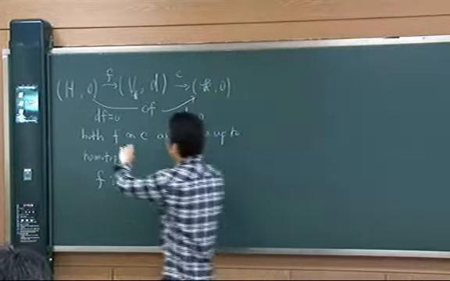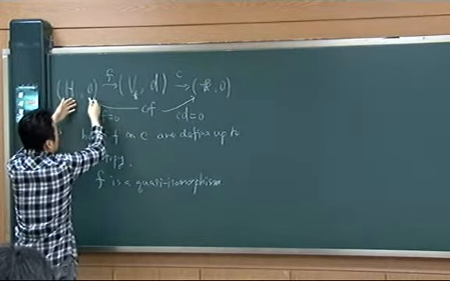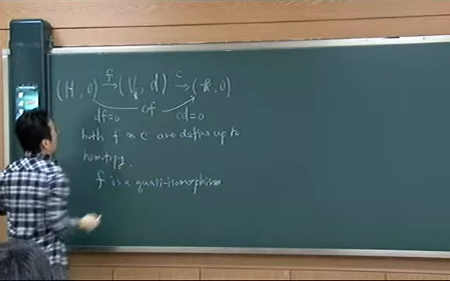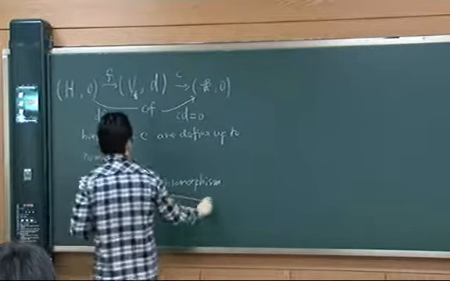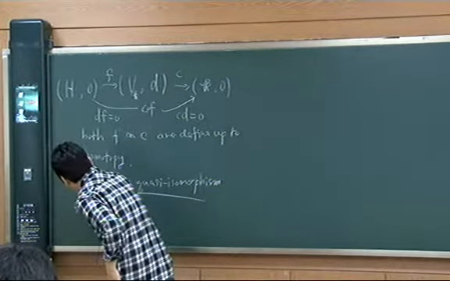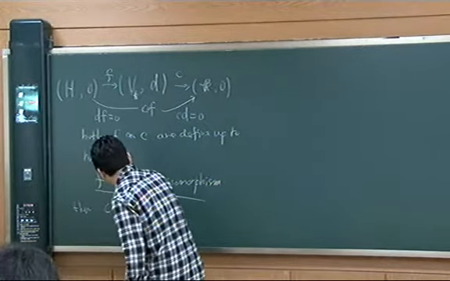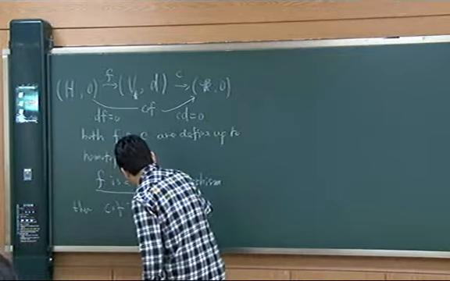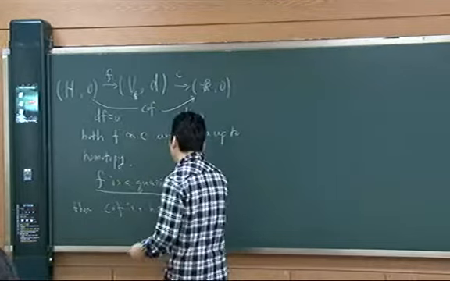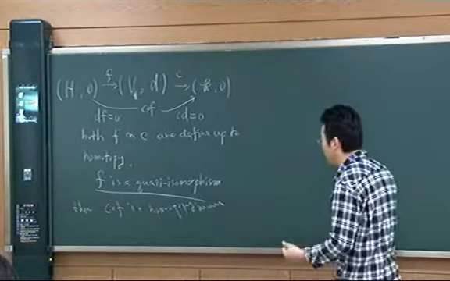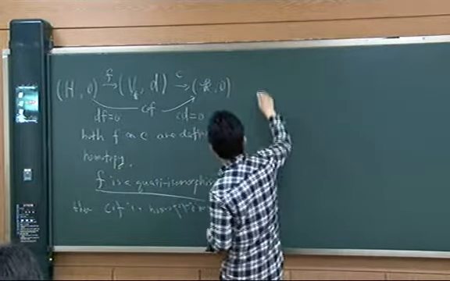And here we really want this, which we regard as a simple model for this, but it should be equivalent. So that's why F must be a quasi-isomorphism. Then it's extremely easy to see that C composed with F is homotopy invariant, invariant under homotopy. So that's how we produce a number.